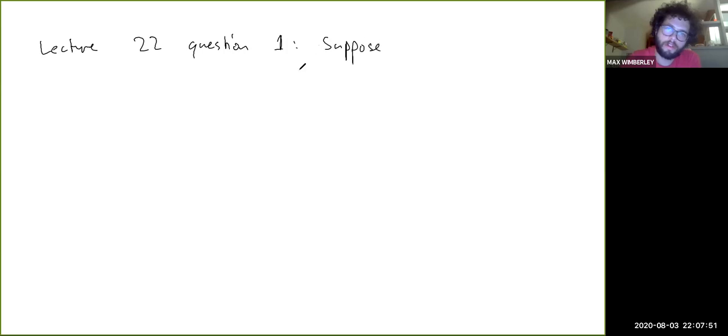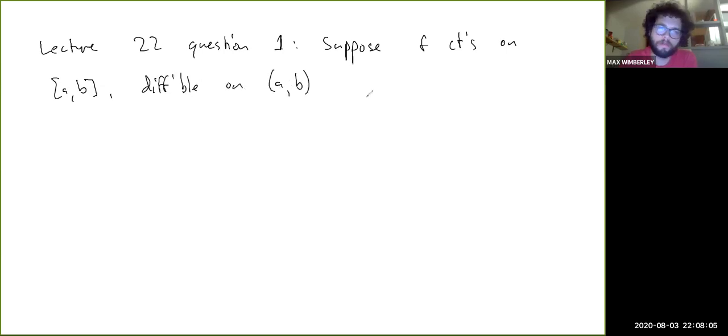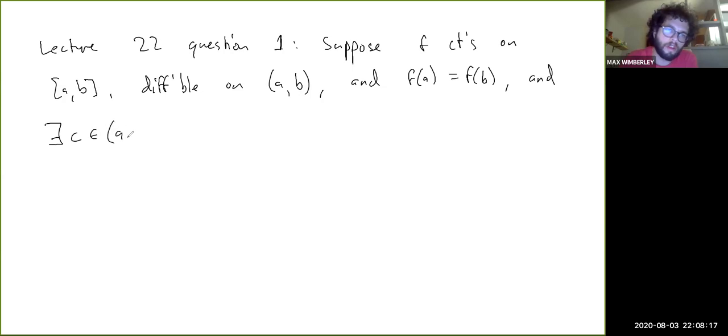Suppose f is continuous on [a, b], differentiable on (a, b), the open interval, and f of a equals f of b, and there exists a c in (a, b) such that f prime of c is less than 0.